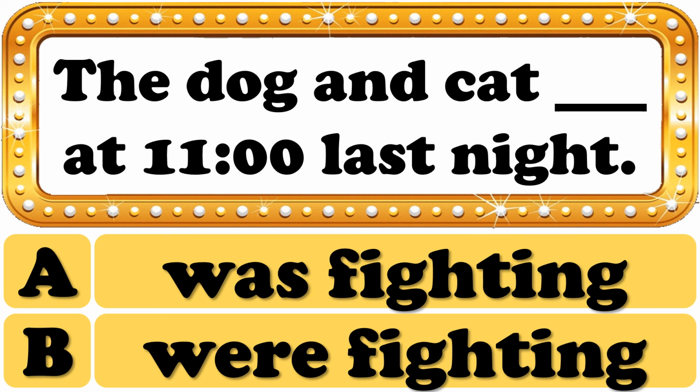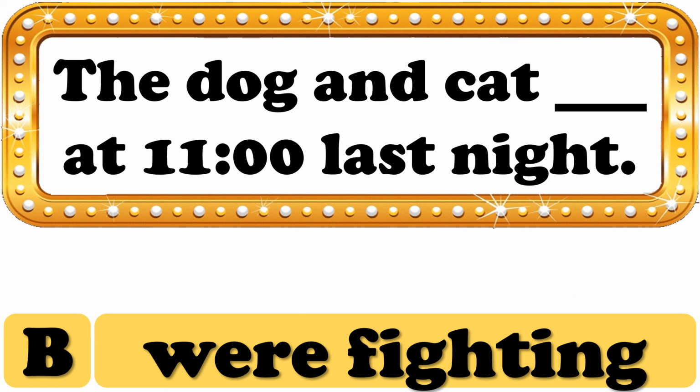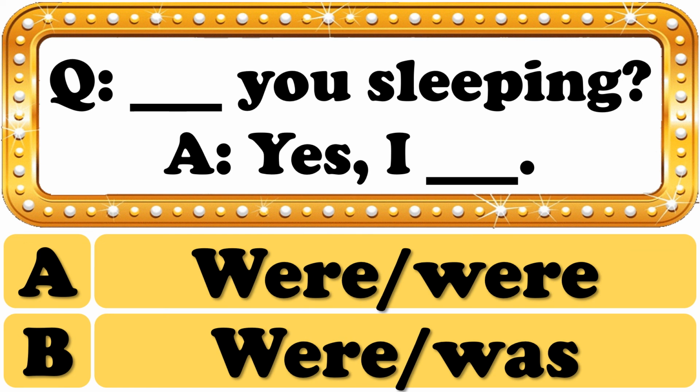Here's one. Take a look. Would you use A or B to finish this sentence? We're talking about two animals, so the answer has to be B. The dog and cat were fighting at 11 o'clock last night. How about this one?